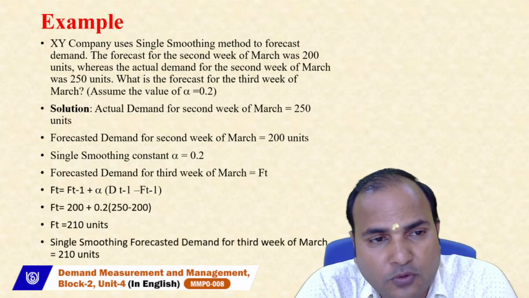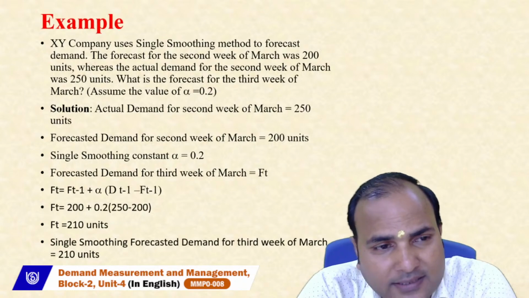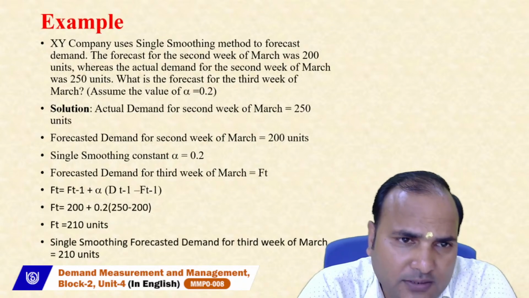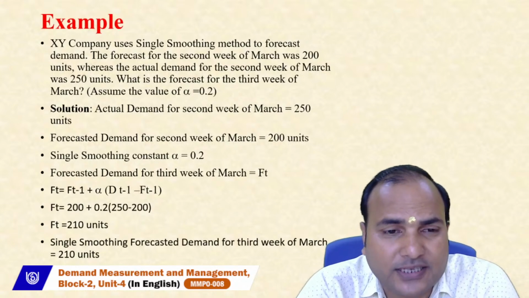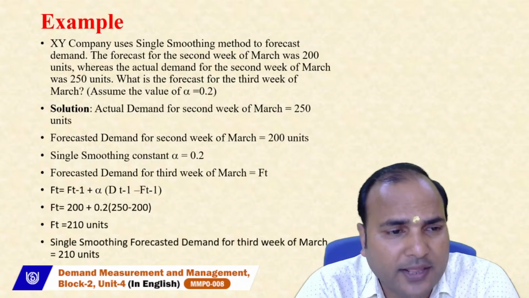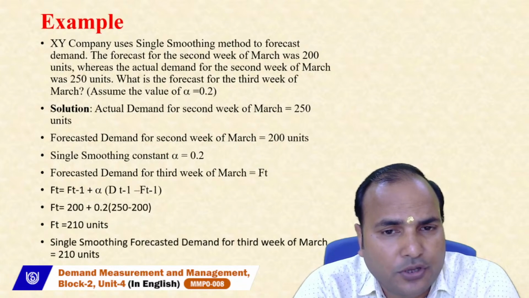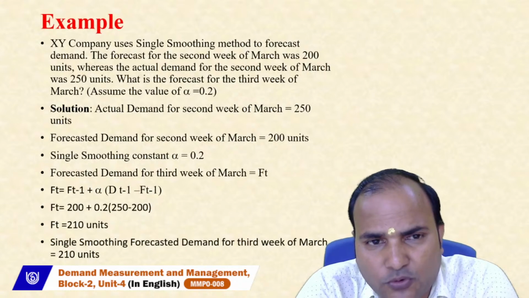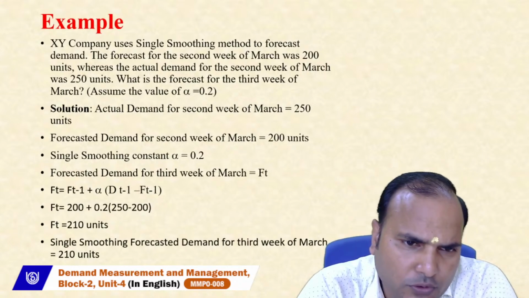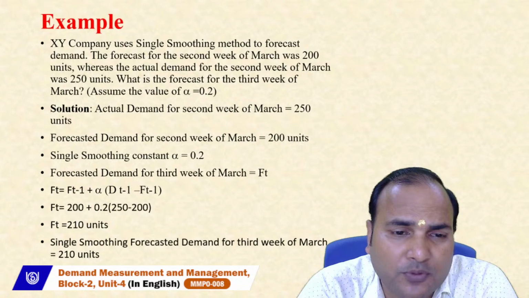First, we have to know the actual demand for the second week of March is 250 units. Already it is mentioned in the question. And the forecasted demand for the second week of March is 200 units. Here the single smoothing constant alpha is equal to 0.2. So how can we forecast the demand for the third week of March?